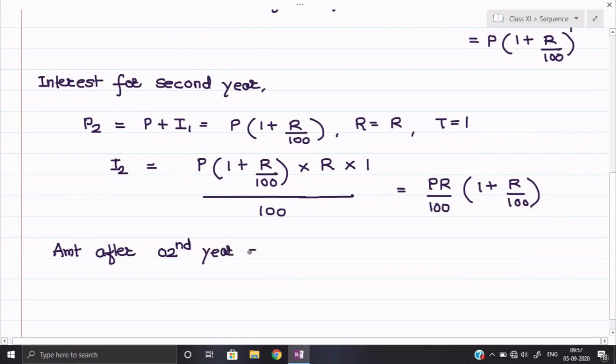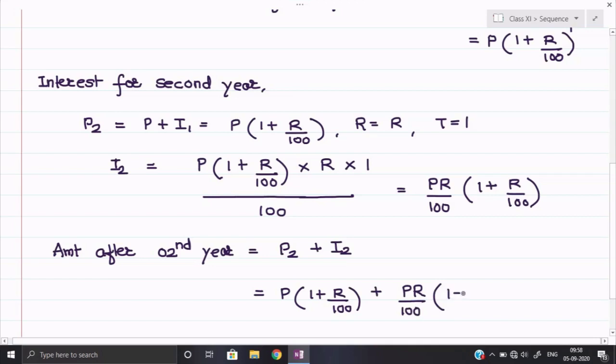That will be equal to the principal value we considered, P2, plus I2. So let us add P2 and I2. P2 is P into the bracket 1 plus R upon 100, and I2 is PR upon 100 into the bracket 1 plus R upon 100.